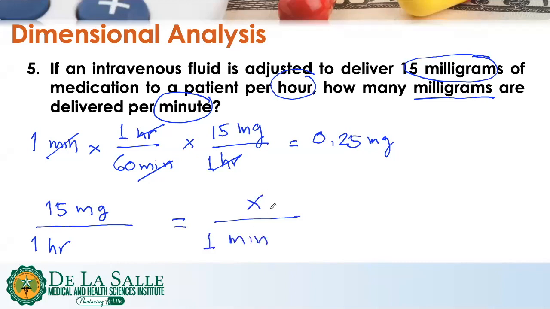We can either convert 1 minute to an hour or 1 hour to the minutes. So let's choose 1 hour. 1 hour is equivalent to 60 minutes. Now we solve for the value of x. X therefore is equal to 0.25 milligrams.